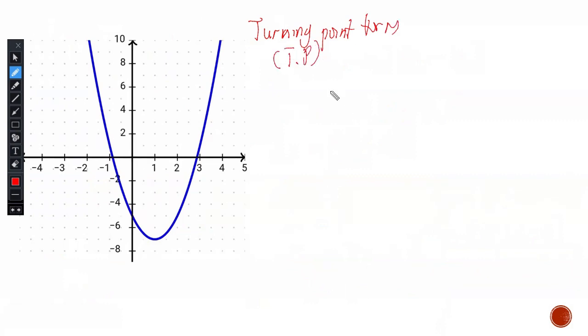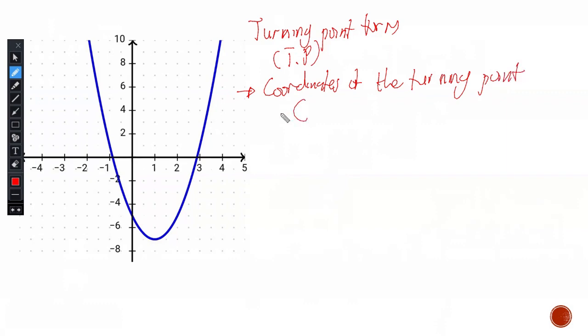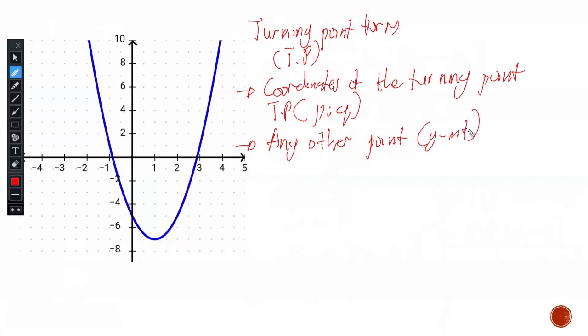Okay, in this case, we said with the turning point form, we need to know the coordinates of the turning point, which will be represented by the P and Q, right? And then you also have to have any other point. Now, the other point that we normally use is the y-intercept. Not all the time, but in most cases, it's the y-intercept.